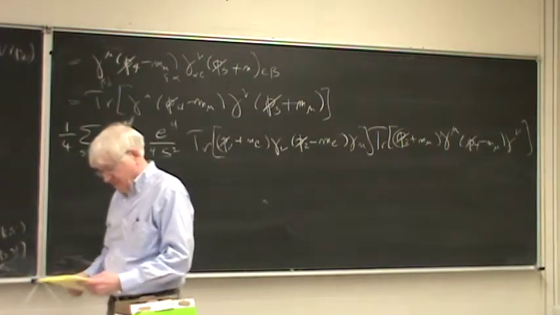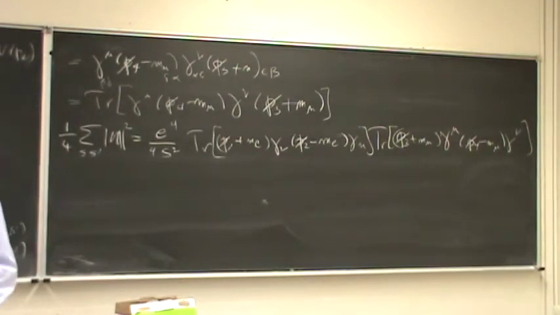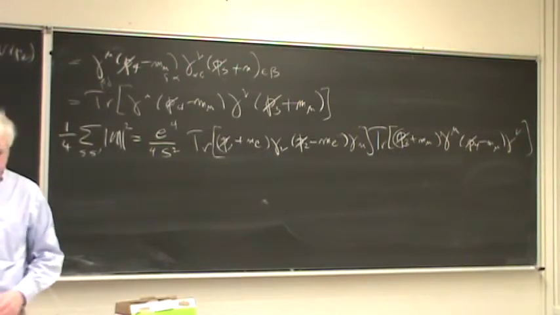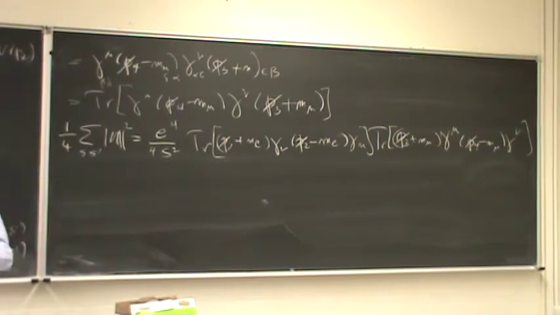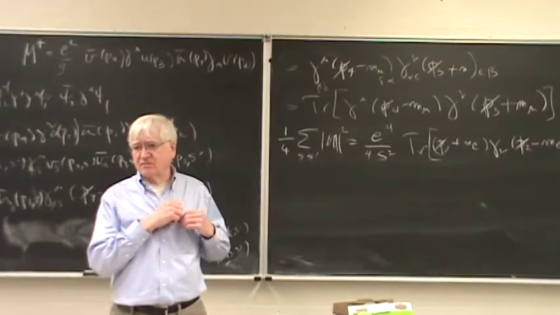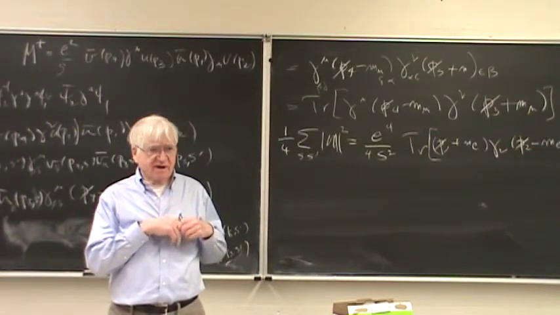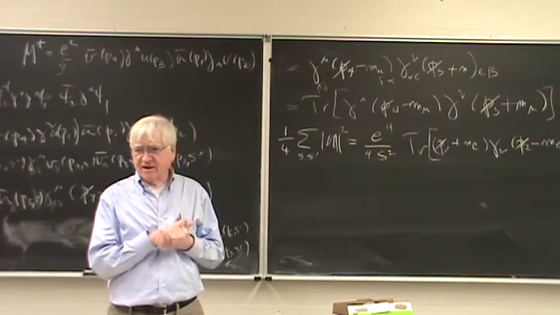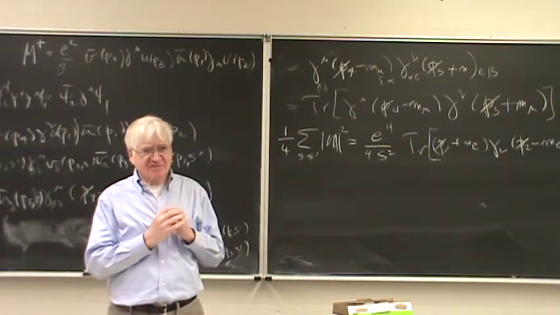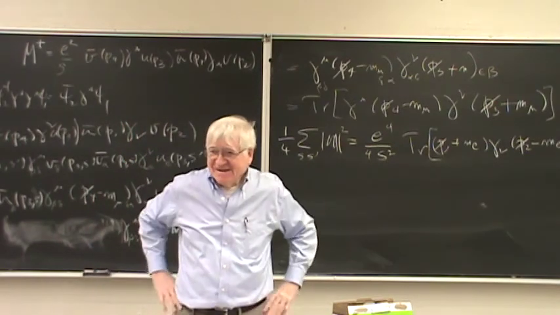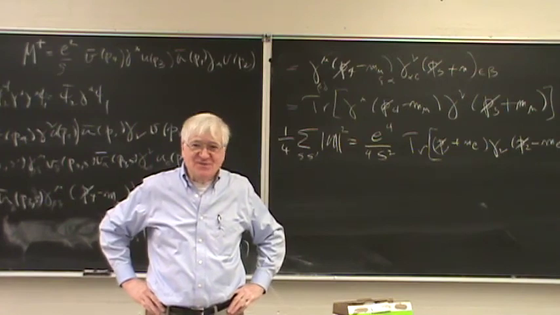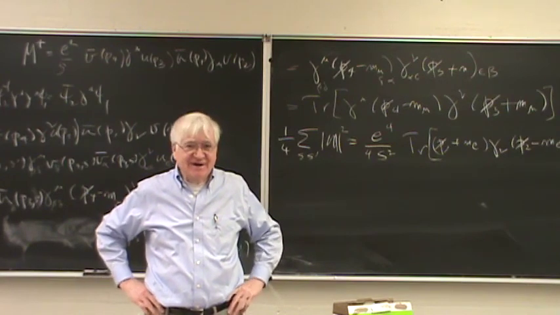And if you go further, then what you get is a nice formula for the cross-section. I'll go through the rest of that on Wednesday, if today is Monday, or on Monday if today is Wednesday. Any questions? All right, I guess we can start.